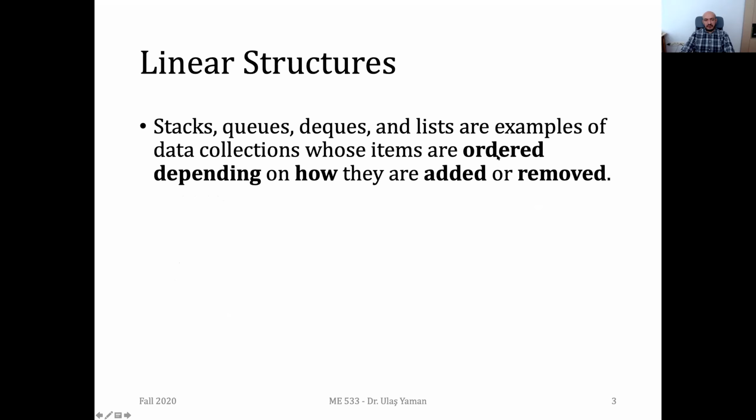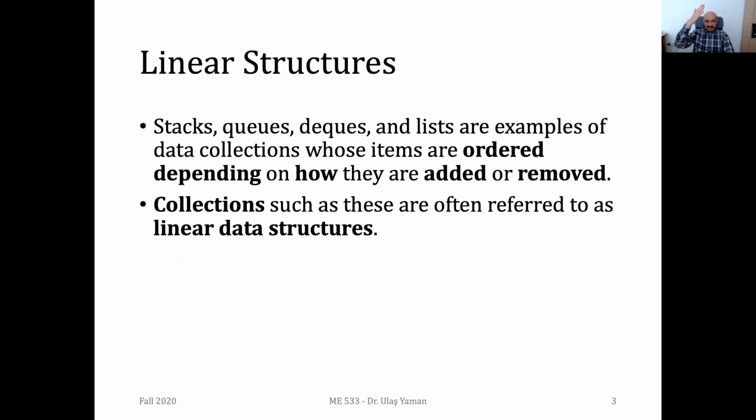And they are ordered according to when they are added or when they are removed. They are kind of linear structures. You sometimes add items into these data structures from the top, or sometimes add values to the bottom of the data structures. We will discuss the types of them, but they are all linear.